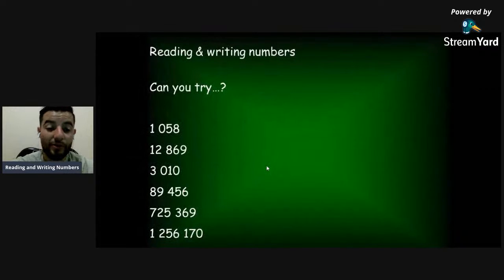So you are going to do these numbers in your Word documents. I'm not going to tell you the answers for this one. This is your assignment. Okay, you are going to do it.